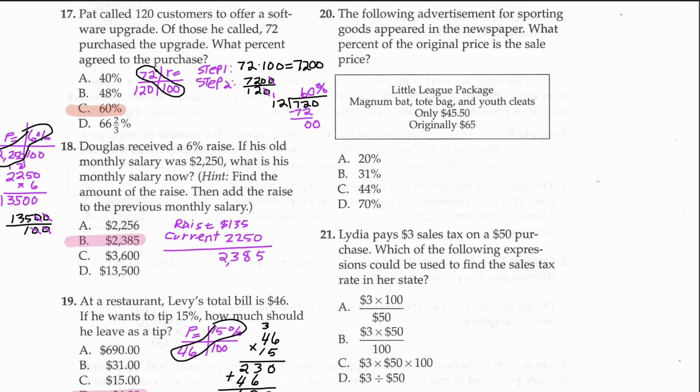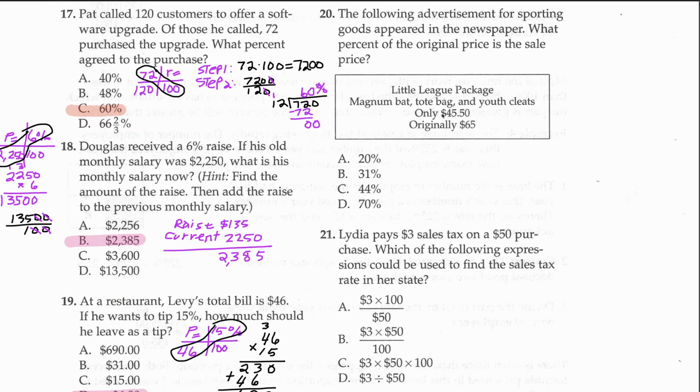For number 20, the following advertisement for sporting goods appeared in the newspaper. What percent of the original price is the sale price? Little League package, Magnum bat, tote bag, and youth cleats, only $45.50. Originally selling for $65.